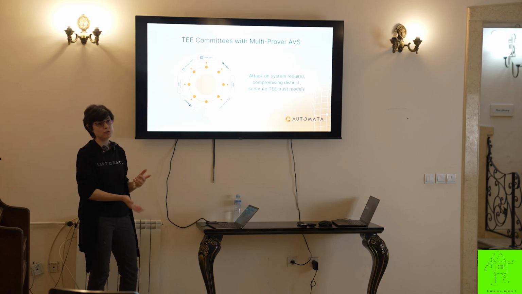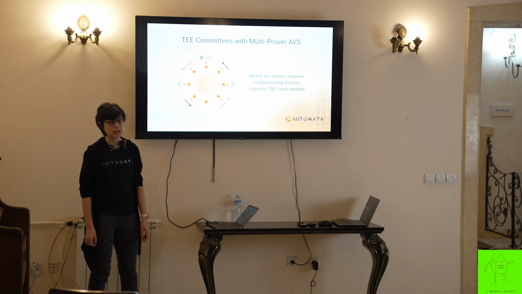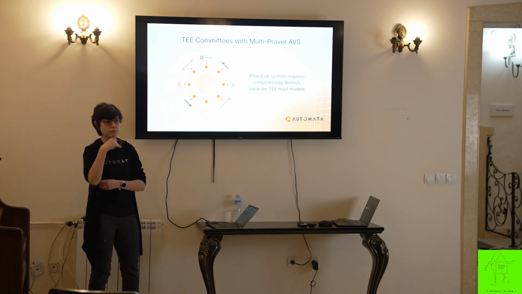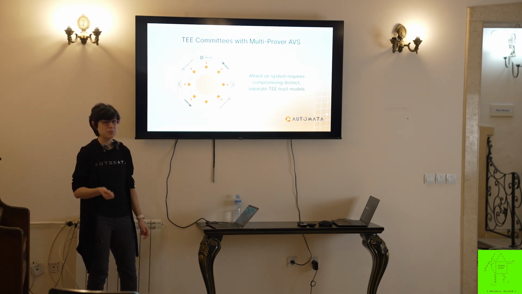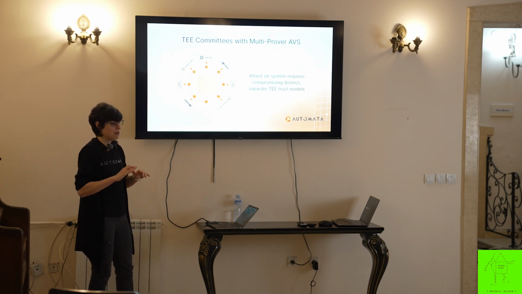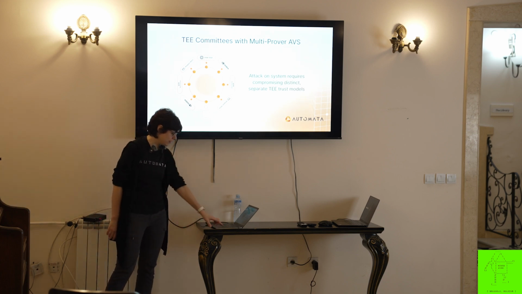And only if these three agree, then we say, yes, this is the correct state transition. This doesn't only help with decentralization, but it also raises the bar for potential attackers even higher, because now an attacker would have to break all these TEEs at the same time in order to do an attack.